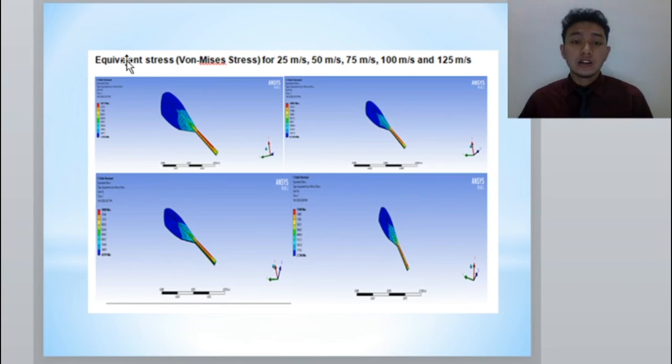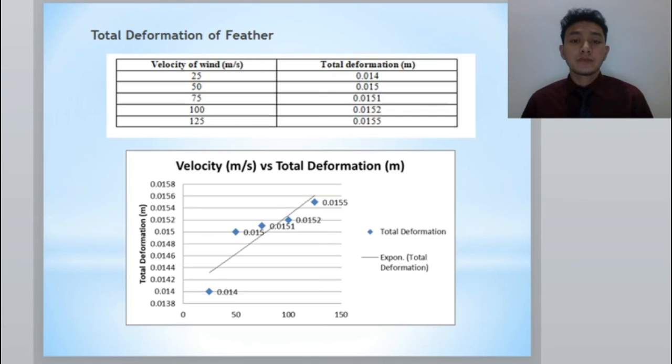Next, this is the picture of the equivalent stress for 25 to 125 meters per second. They are different, with different values of maximum equivalent stress. Next, the result is to find the total deformation of the feather with the same velocities, which are 25, 50, 75, 100 and 125 meters per second, and the total deformation for each wind velocity.